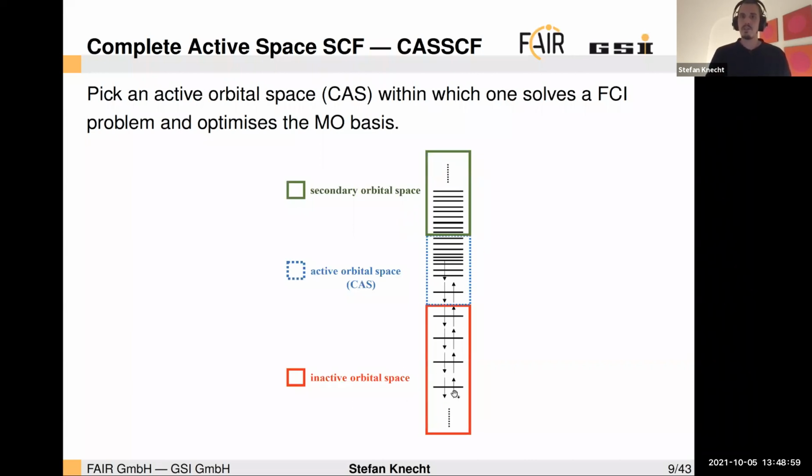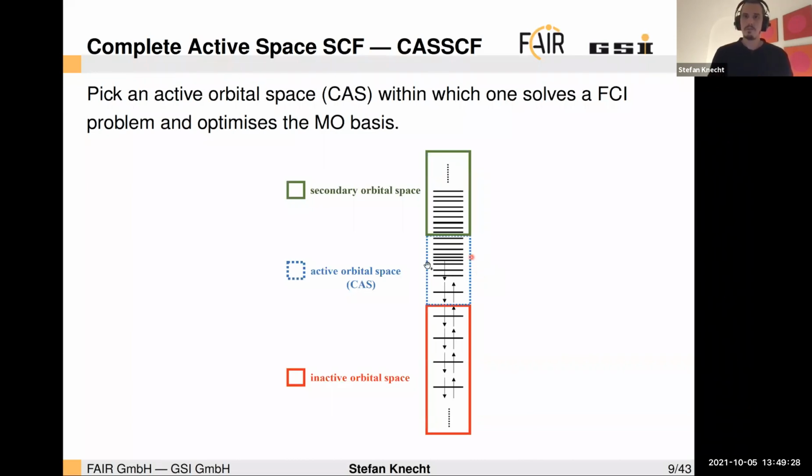One is the so-called inactive orbital space, where you assume that in every electronic configuration that is of some importance, each of these orbitals will always be doubly occupied. You have a secondary orbital space where you assume that in all configurations that are going to be important, none of the orbitals will actually be occupied.